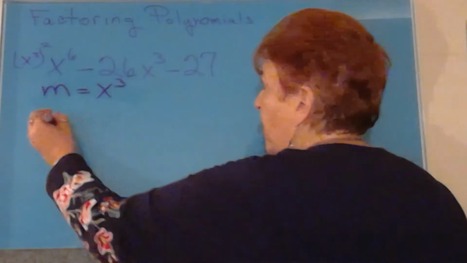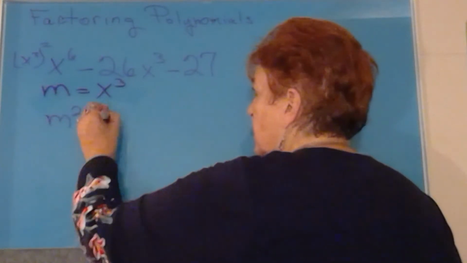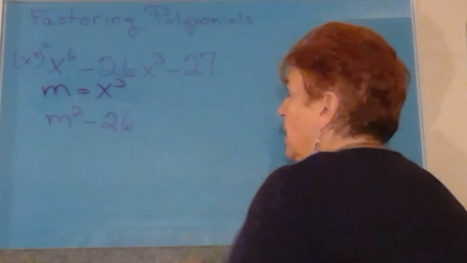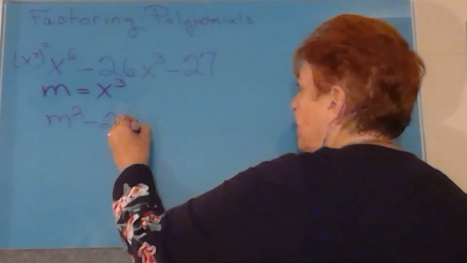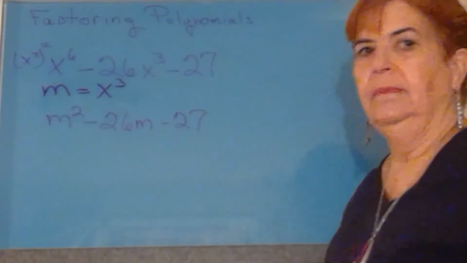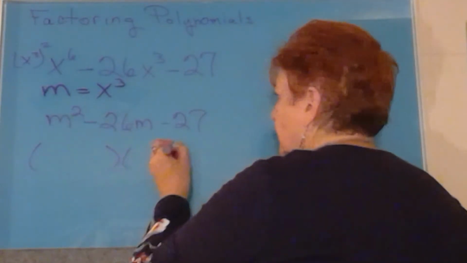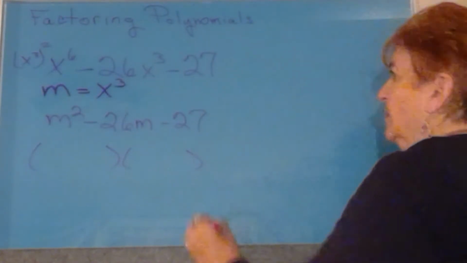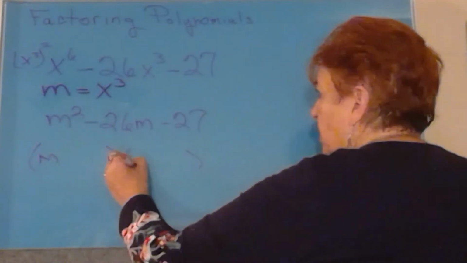So what we really have here is m squared minus 26, again, x to the third is m, minus 27. I'm going to put an m here and an m here.